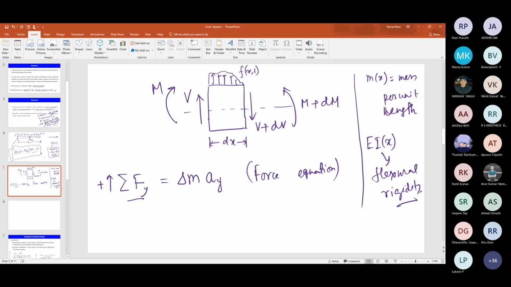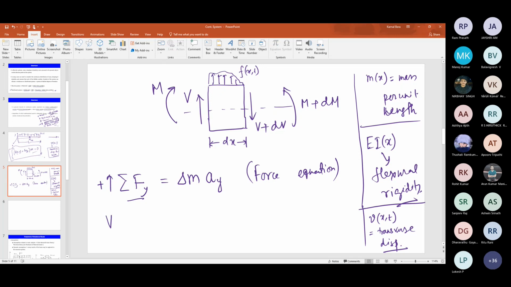My transverse displacement is v(x,t), for your information, as a small v. v(x,t) is the transverse beam displacement. So what are the forces acting in the upward direction?